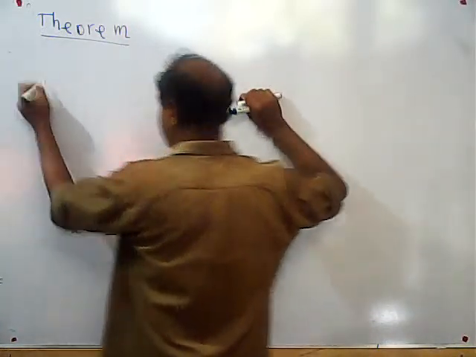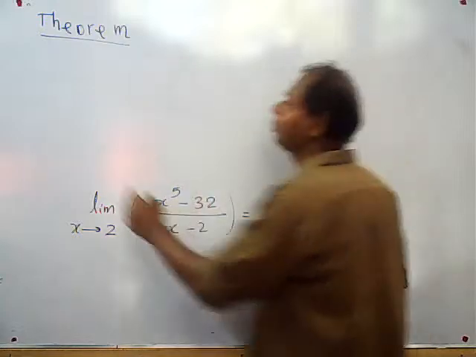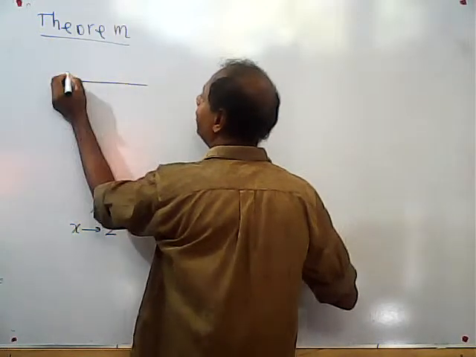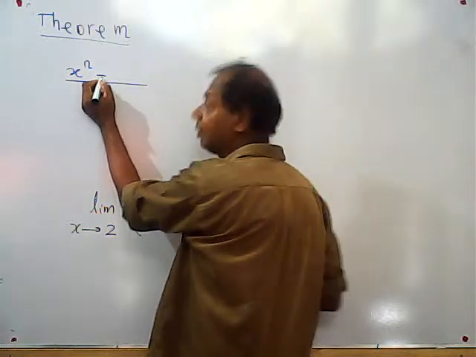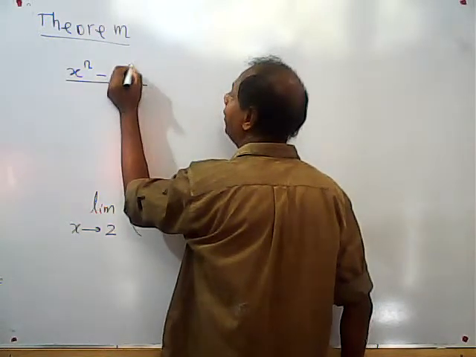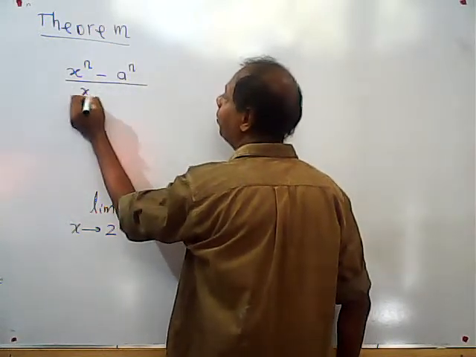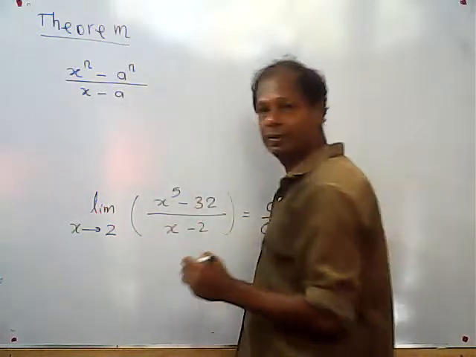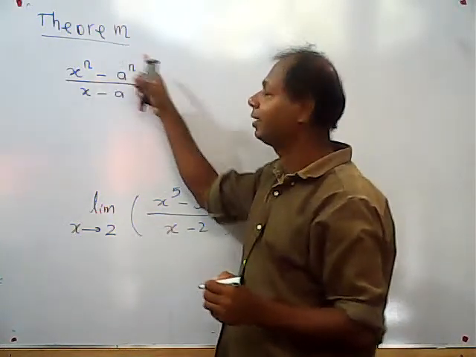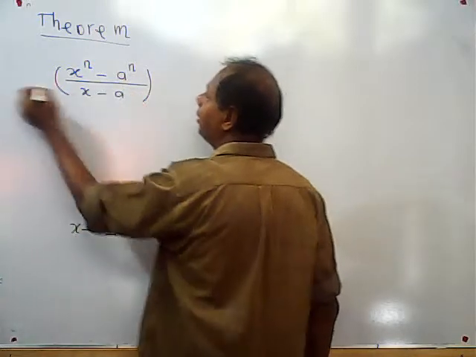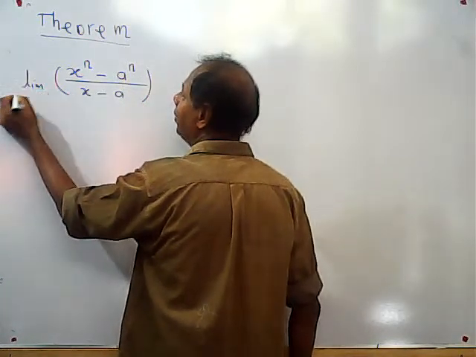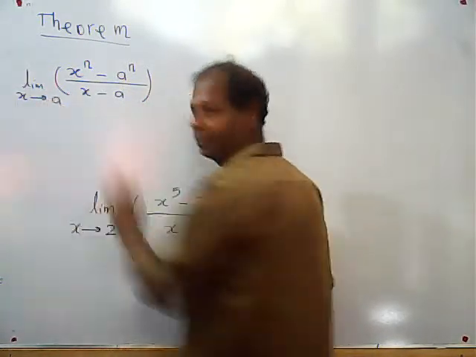The theorem says something similar to this. Generally, it looks like x to the power n minus a to the power n over x minus a, and we want to take the limit as x goes to a.